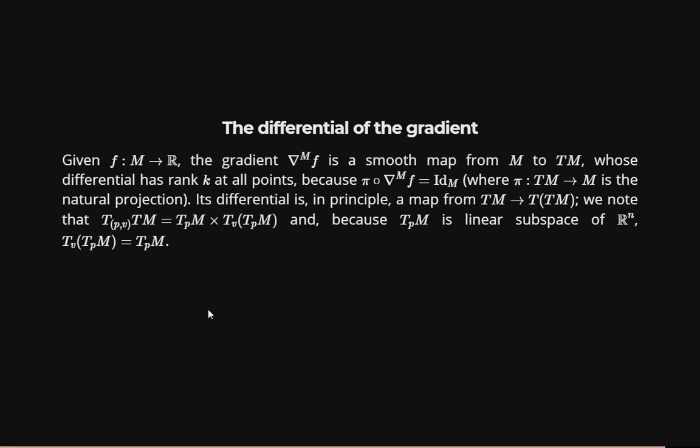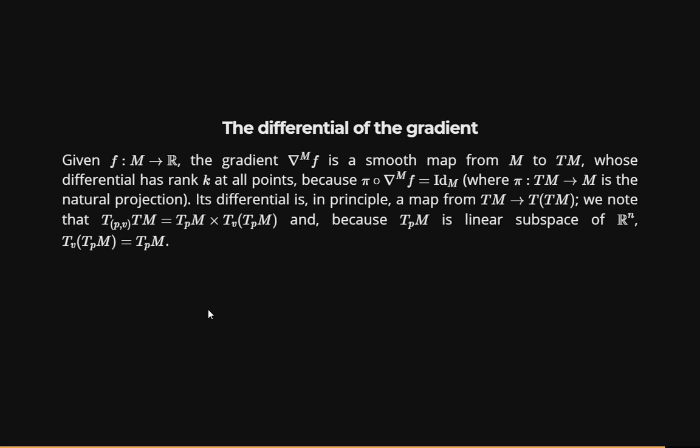And this differential has rank k at every point, because the second component is p goes to the gradient, but the first component is p goes to p, because the tangent bundle is the set of couples p and tangent vector to p. Your map sends p to p, comma, the gradient of f. So in the first component, it's just the identity.